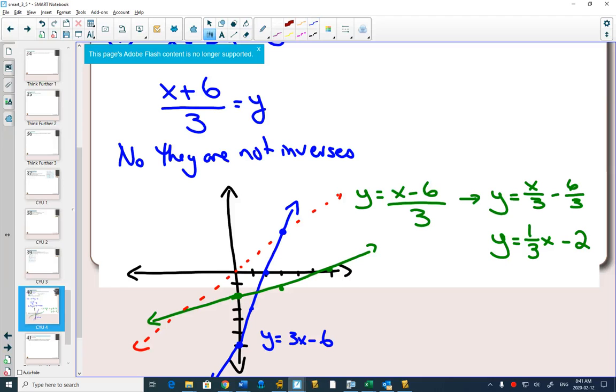This green point then should have been on both, and it's not. Some other ways that we can see that graphically this doesn't work. On the blue graph, can you see that you have the point 0, negative 6? But at negative 6, 0, there's no graph. And graphically, if you would switch the x and the y points on an inverse, that would show up.